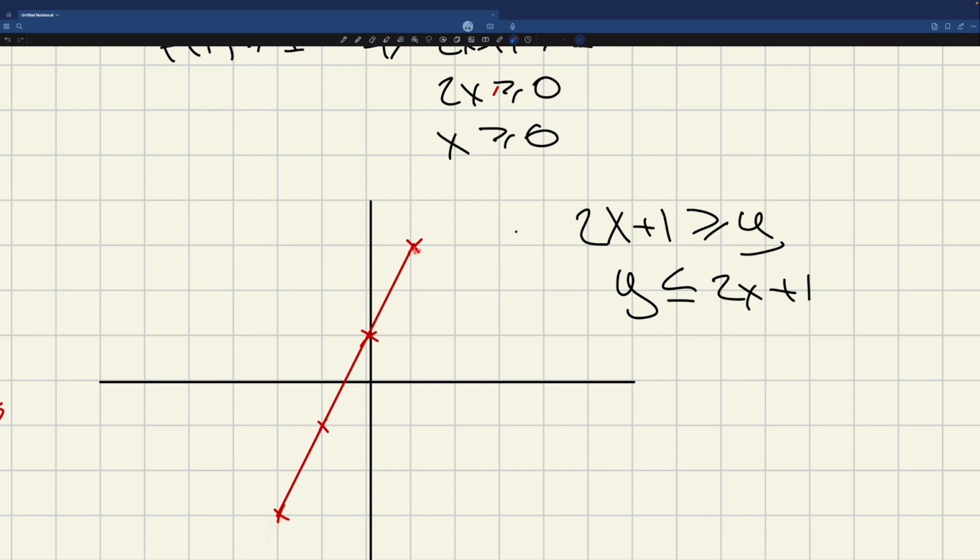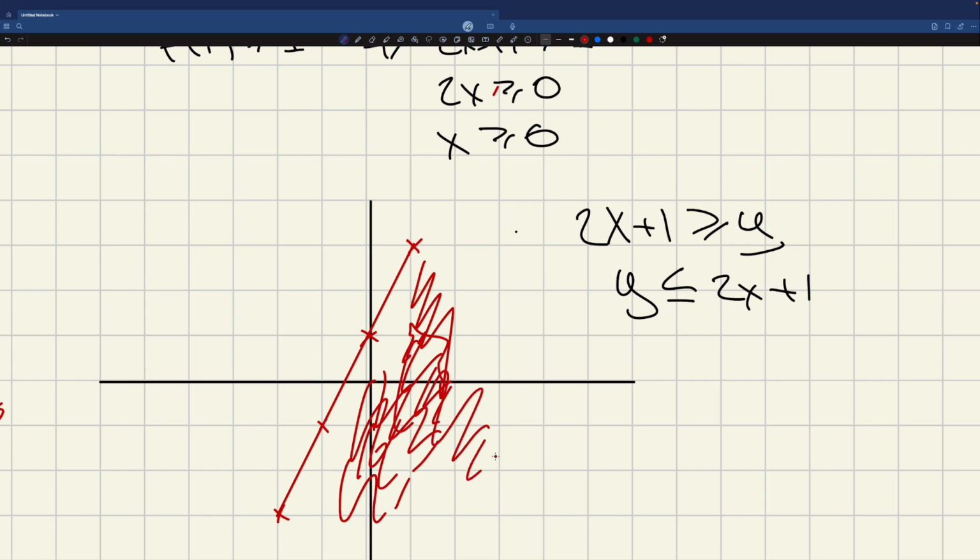The answer is pretty hard, and this takes a lot of imagination, but it's actually everything that's below this graph. So you would be shading in all of that. Everything below this graph would be shaded in.